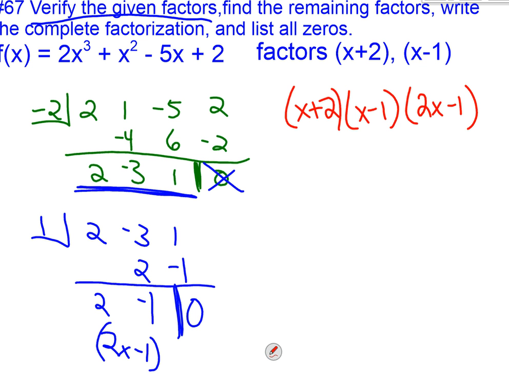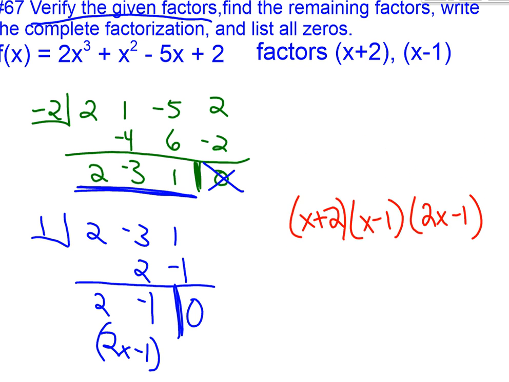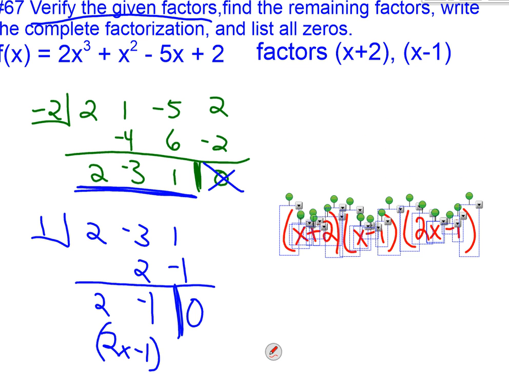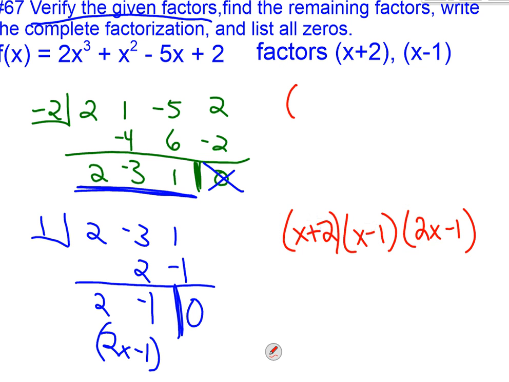What top one? This is the original thing. Oh, this? No, this I just broke down. I didn't write it this time as an intermediate step. I know now what you're asking. So that would have been x plus 2 times 2x squared minus 3x plus 1.